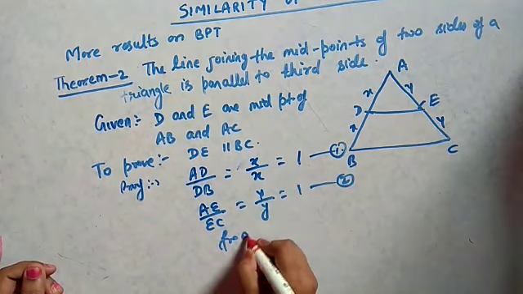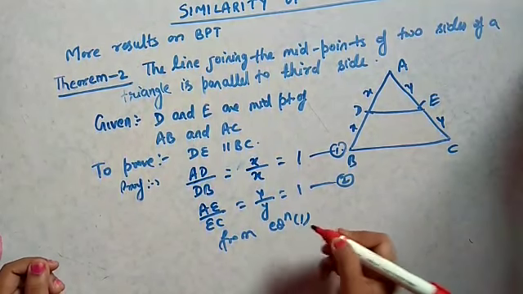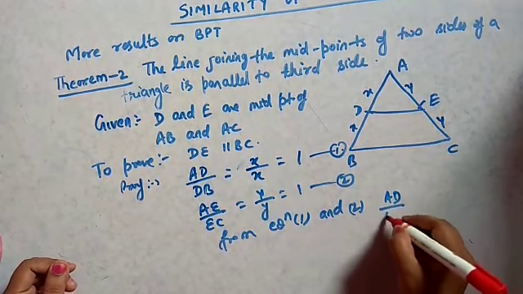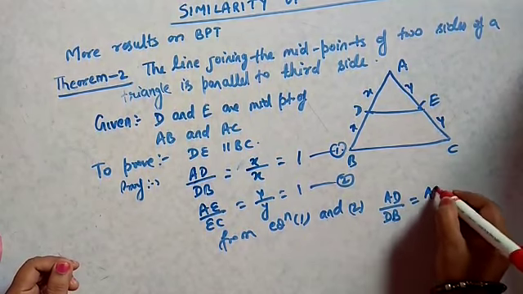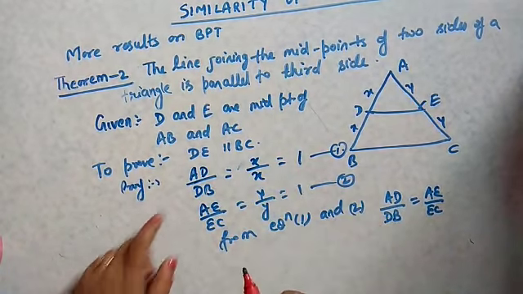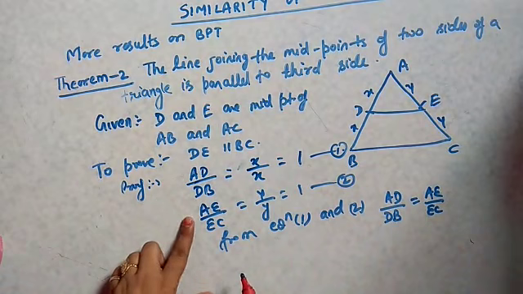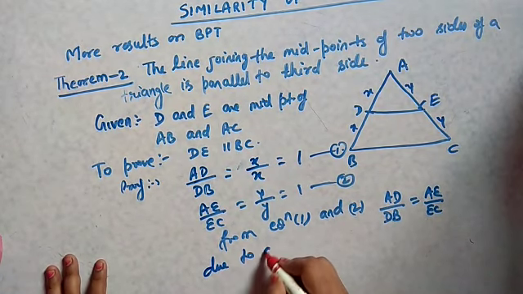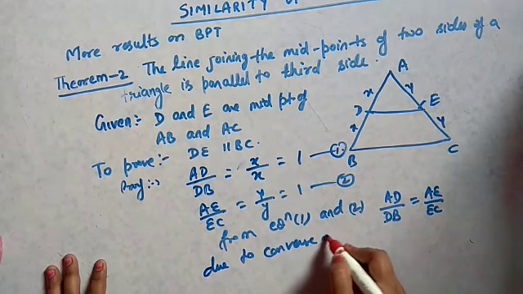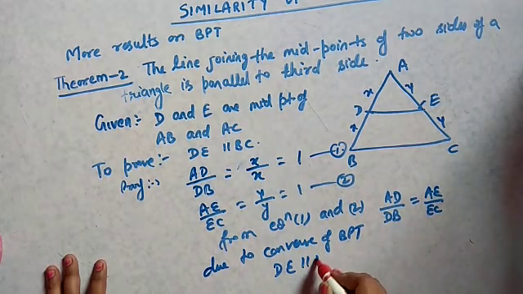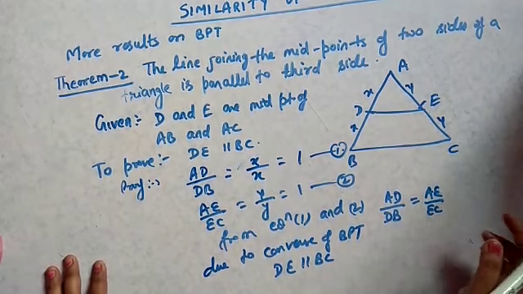So now from equation 1 and 2, AD by DB equals AE by EC. Since both have the value 1, we can say AD by DB is equal to AE by EC. So due to the converse of the BPT theorem, can we say that DE is parallel to BC?